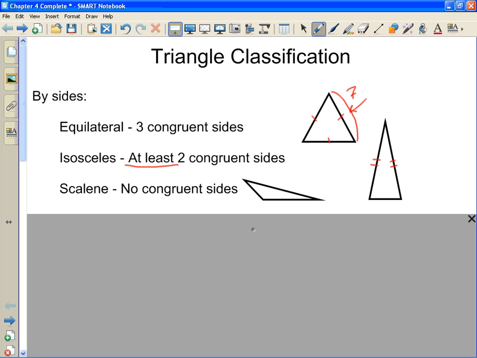Let's say this is 7 inches. I don't want you to think that this is 7 inches by putting the same mark. Okay, maybe this is 9 inches. So I'm going to put a different mark to show that they're different lengths. So these three are all 7. These two are both 9. And I'm not going to have any markings on my scalene triangle because I don't have any congruencies on there.